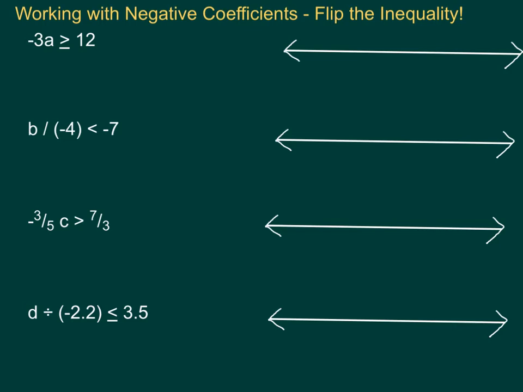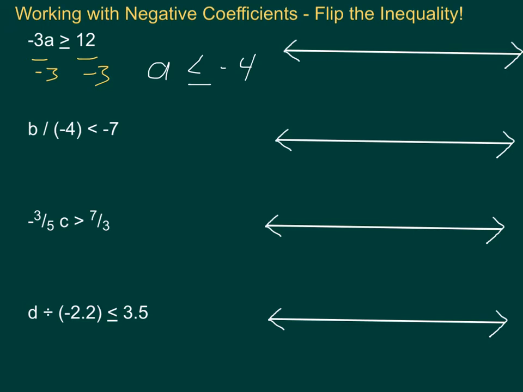For my first example here, I have negative 3a is greater than or equal to 12. So when I divide each side by negative 3, I'm going to get a, I'm going to get negative 4, and this is where I need to make sure I flip the inequality. That's a greater than or equal to, it becomes a less than or equal to. And that's because I divided by a negative 3 on each side.